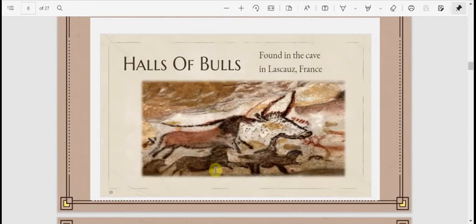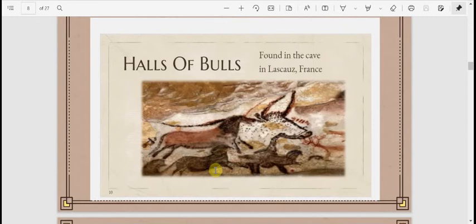Some would say that the cave with paintings all over the walls and ceiling served as a kind of sanctuary, a safe haven for the early humans. And religious rituals were also held here. The religious rituals could have possibly transpired within the confines of the caves.